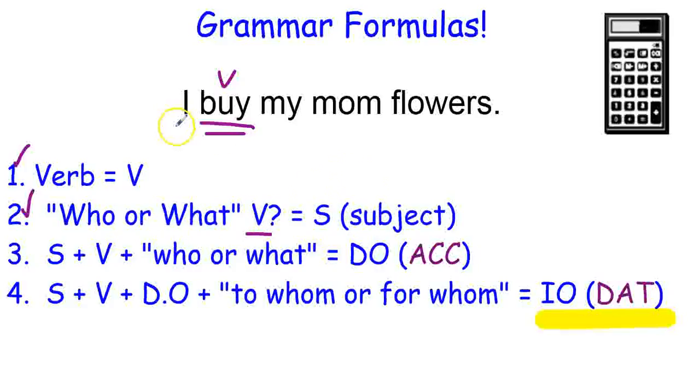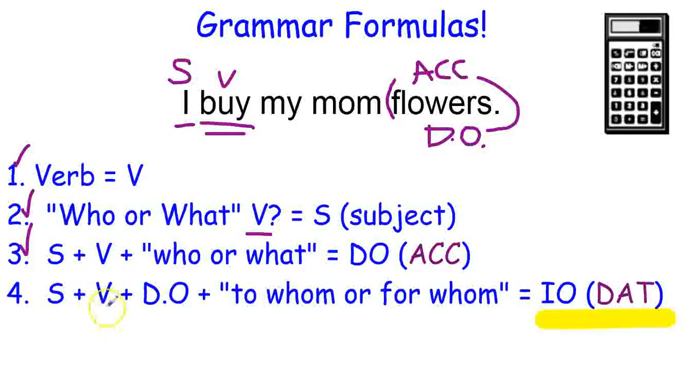That will get me the subject. I buy. I buy who or what? Plugging them in, I is the subject. Buy is the verb. I buy who or what? I buy the flowers. That's accusative in German, and the direct object in English.